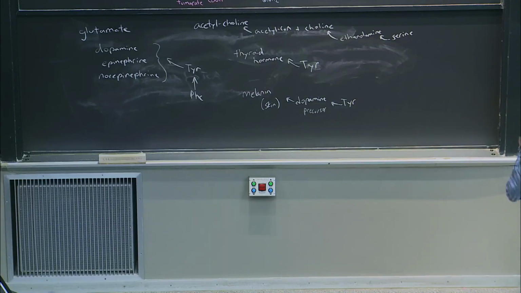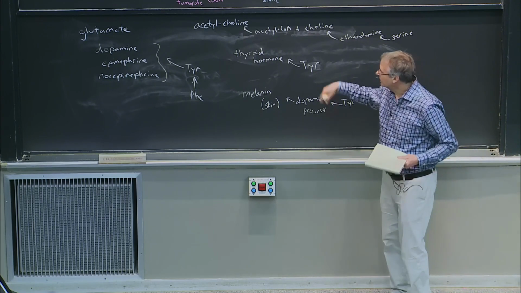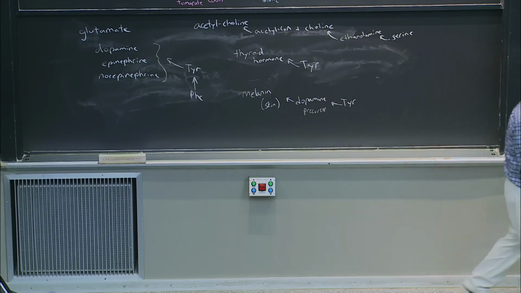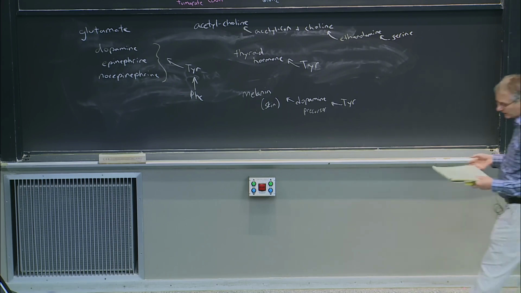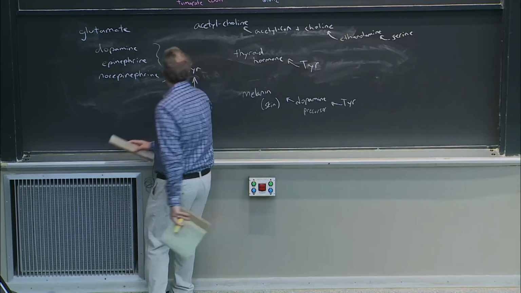And of course, you can go look these up if you're interested in any of them specifically. And regardless, you should have some appreciation of how these things all interconnect with the other pathways that we've talked about. All right.